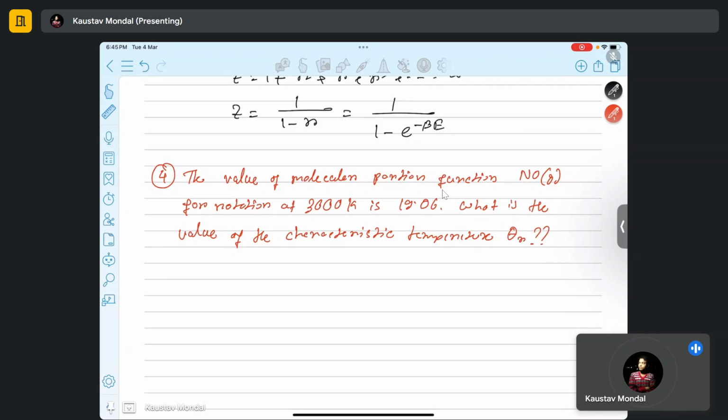The rotational partition function basically tells us how molecules are distributed among these levels at a given temperature. As we all know, this also plays a very crucial role in determining equilibrium thermodynamic properties like heat capacity, entropy and all of that. So let me just write it.